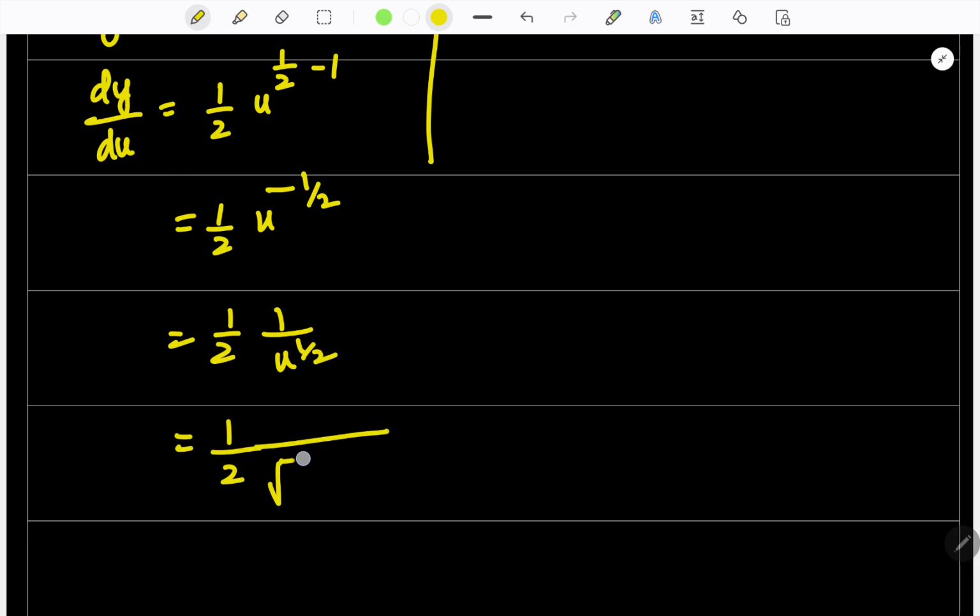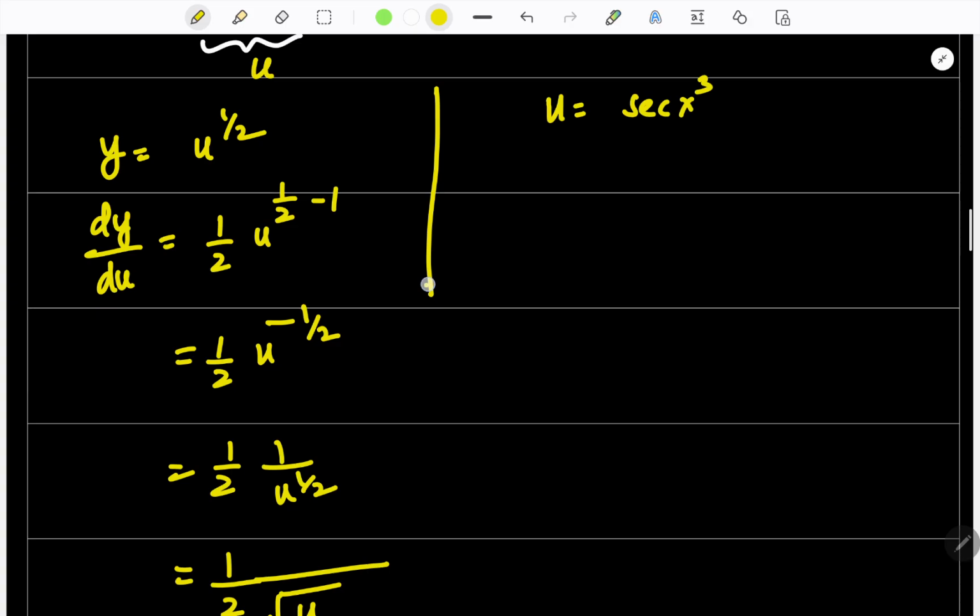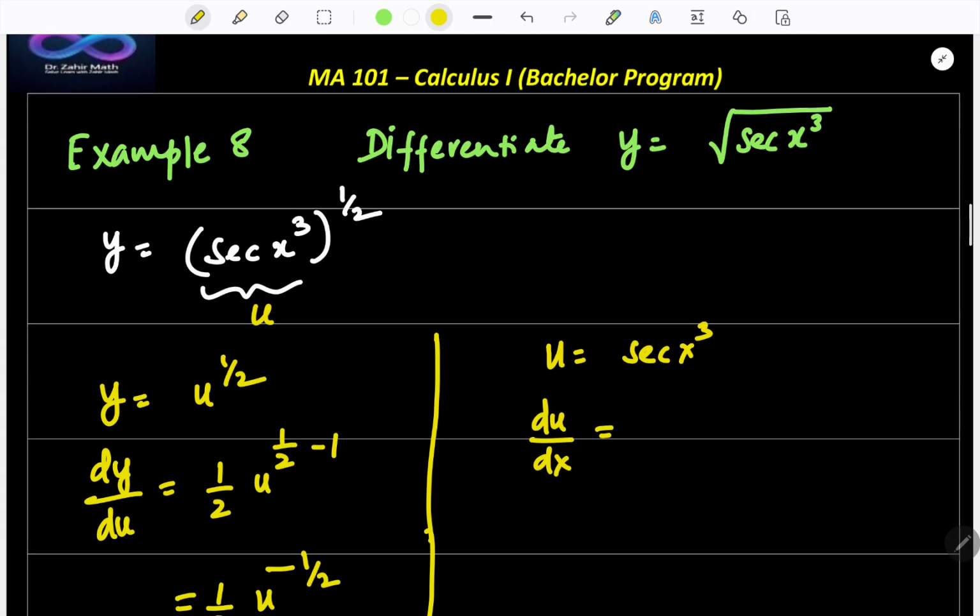u to the power of half is the square root of u. Now du divided by dx is equal to what? The derivative of secant x cube. The derivative of secant x is secant x tan x.